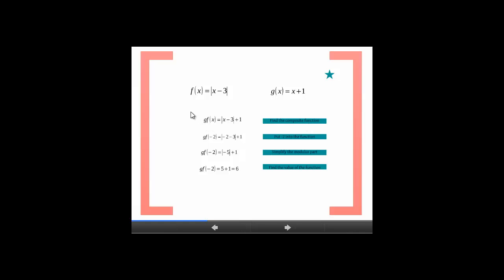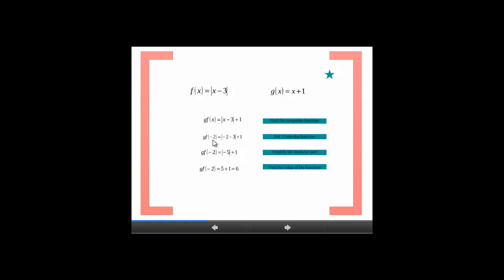So gf of x, well that's g of f of x, so we put the f of x in instead of the x in the g of x. Remember how these work, these composites moving from the inside to the outside. So f of x replaces x, so instead of x we've got the modulus of x minus 3, and then plus 1.